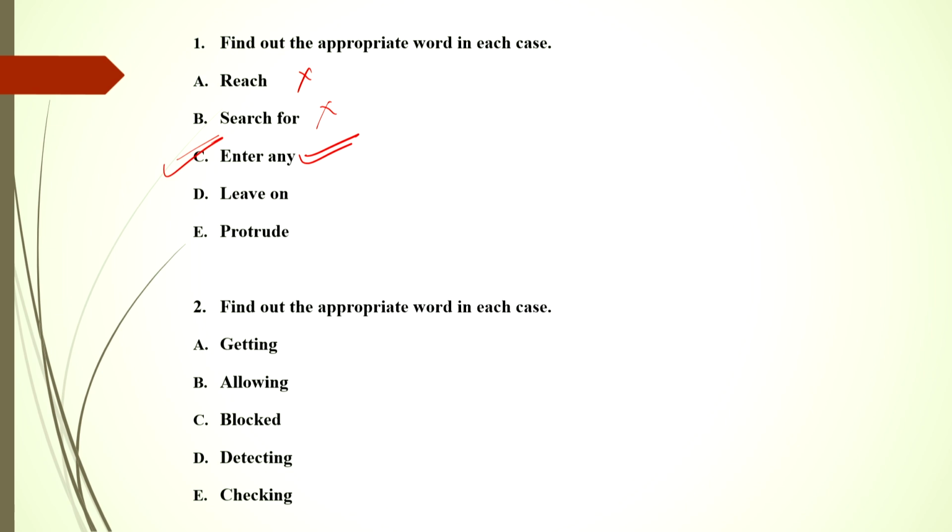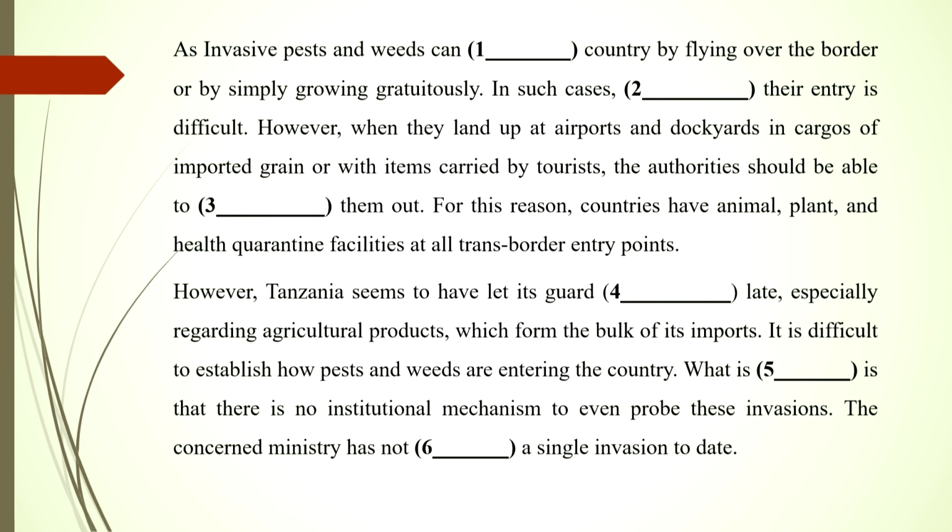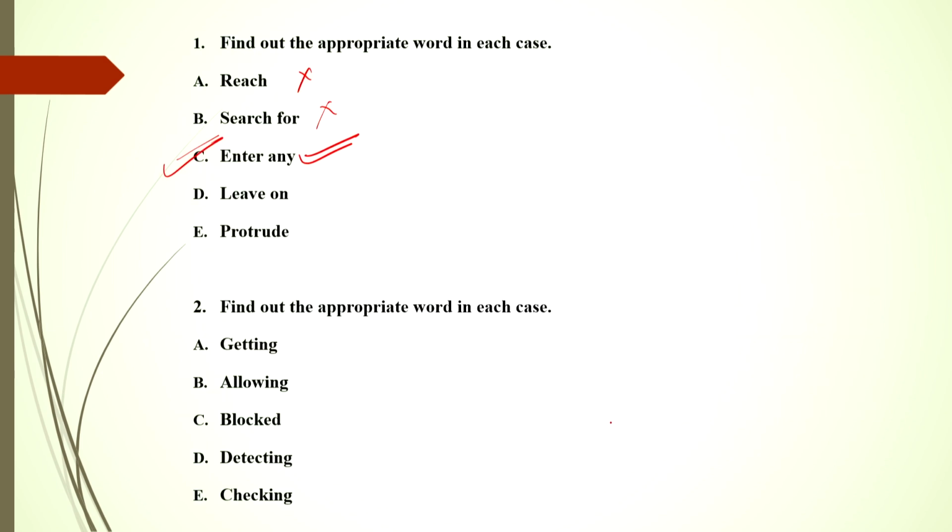Now, moving forward, answer to the second question is option E. Now, coming to the paragraph, since it has been established that invasive pests can fly over borders, one can infer that it is difficult to stop their entry. Hence, check, which means to stop or slow the progress of something, typically something undesirable, is the appropriate word for the blank.